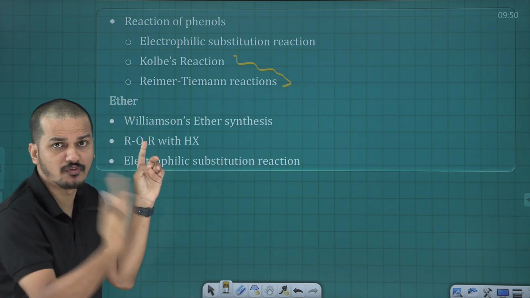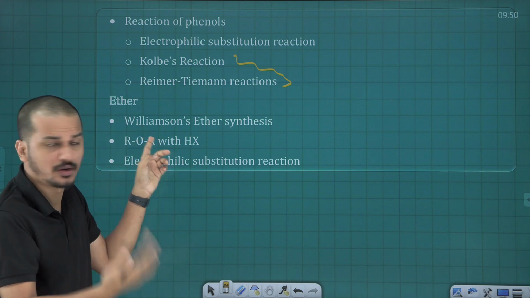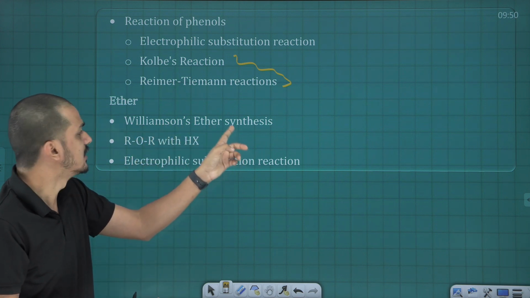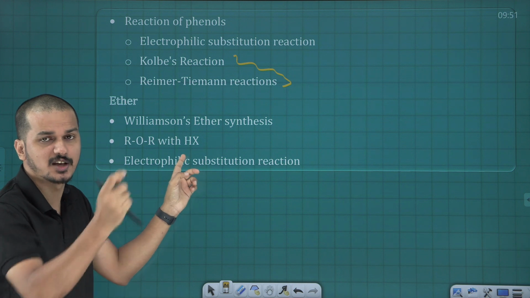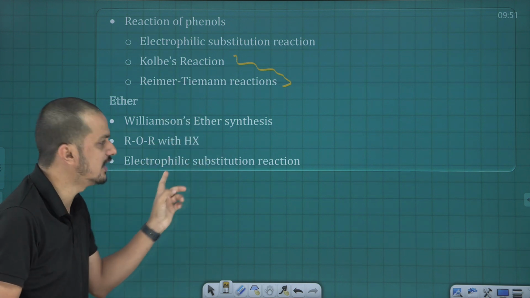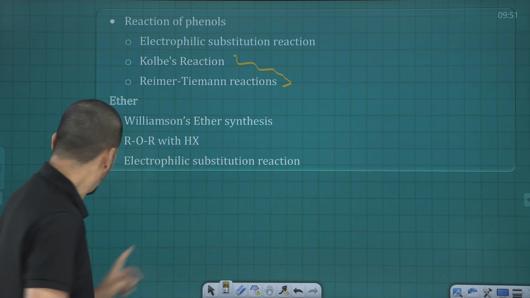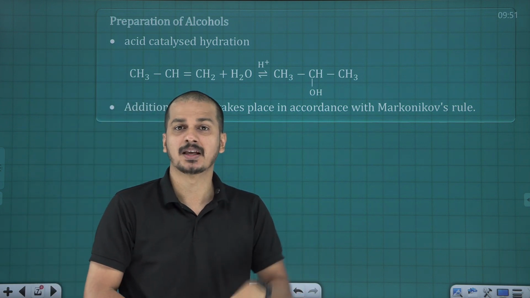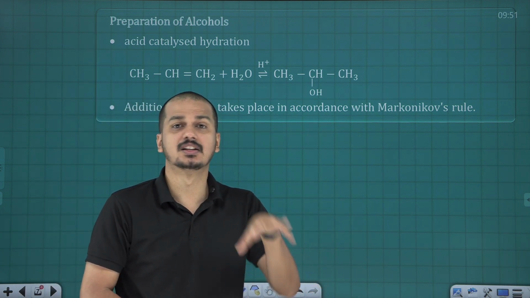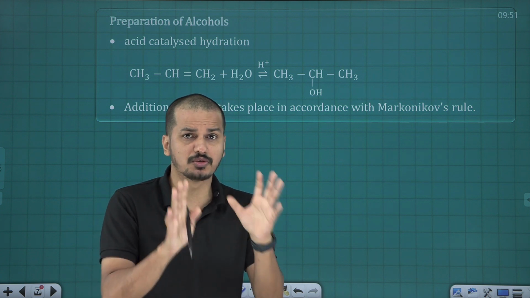Then in the case of ether, we have to remember Williamson synthesis as well as reaction of ether with hydrogen halide, especially with hydrogen iodide, and electrophilic substitution reaction. If you go through this many concepts, then we have already gone through all the ideas of alcohols, phenols, ethers.